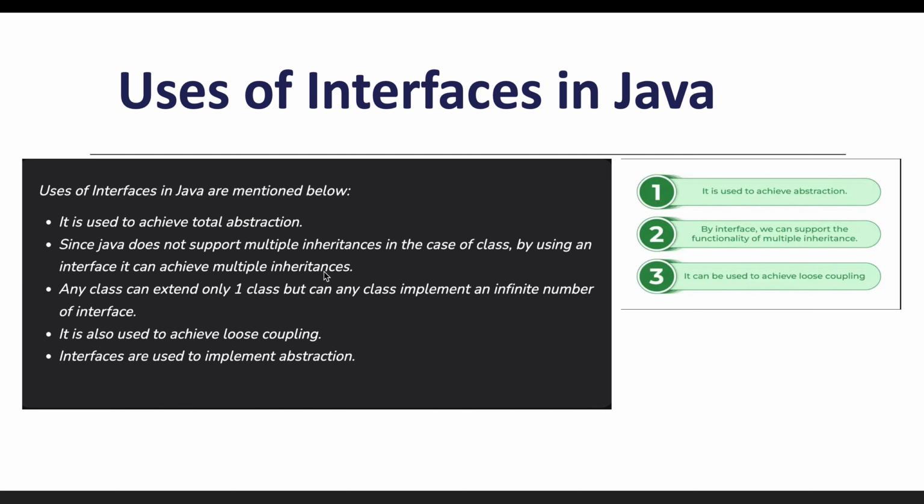Since an interface can contain only the signature, even if we are implementing multiple interfaces, it does not matter, because from both the interfaces it is going to be an empty method, without any implementation. So there will be no chance for ambiguity. This is the concept up to Java 7, but in Java 8 an interface can contain, apart from the abstract method, multiple other things that we will discuss in the Java 8 concept.